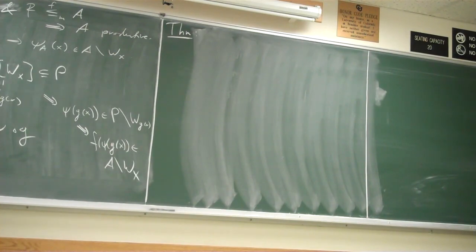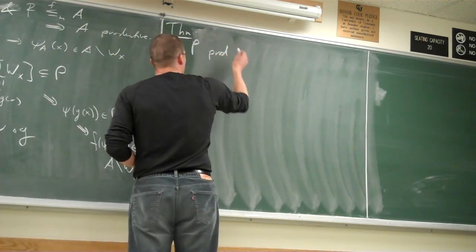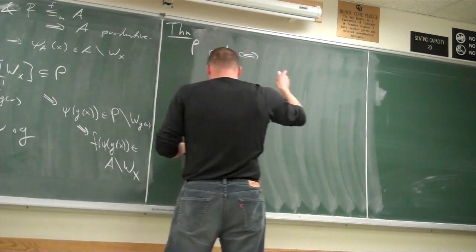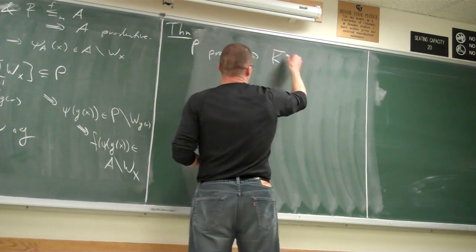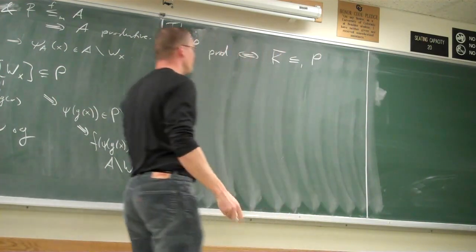We have one example of a productive set, and productivity is infectious like this. And so it turns out that anything which is productive is so because of these two reasons combined. That is to say that P is productive if and only if K bar, well, even 1-reduces to P.